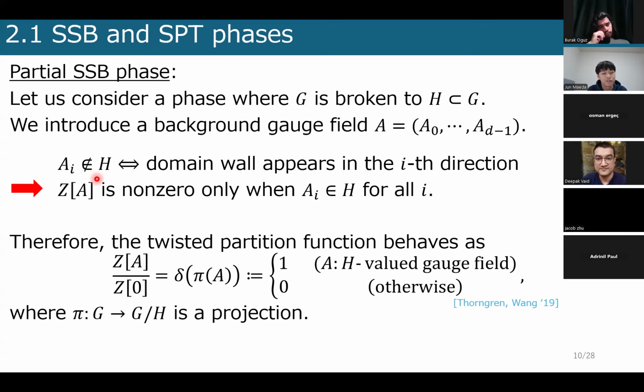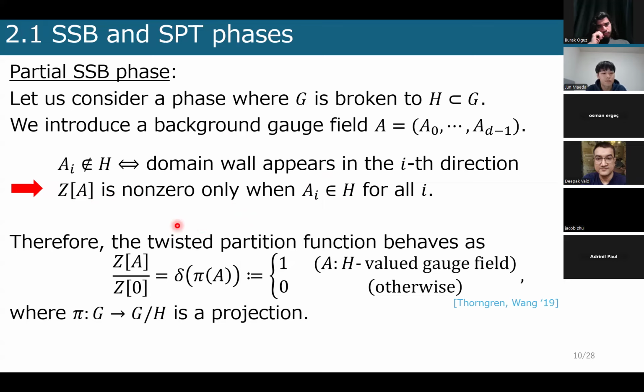So we must connect these vacua by some domain wall-like configuration. Then the twisted partition function shows exponential decay. So this implies that the twisted partition function is non-zero only when all A_i are elements of H. Otherwise, a domain wall appears and the twisted partition function vanishes.